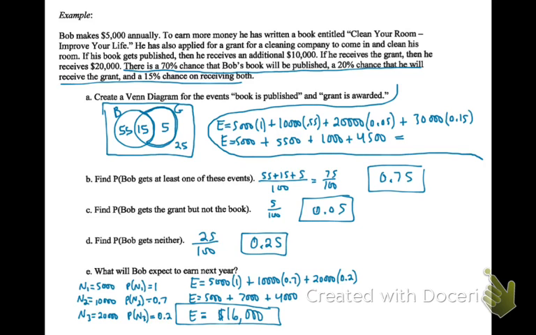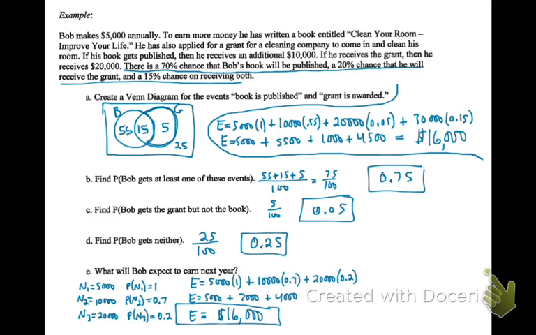You can verify by adding these up in your calculator, which I'm doing right now, and lo and behold, it is $16,000. So there are a couple of ways you can calculate expected values. You can use the values right from the problem, or you can use the values from the Venn diagram. Both are valid ways.